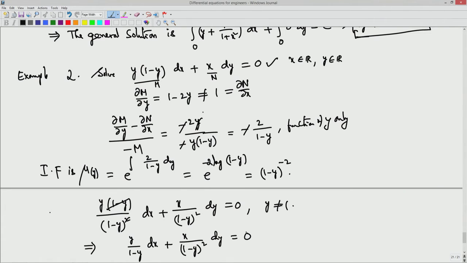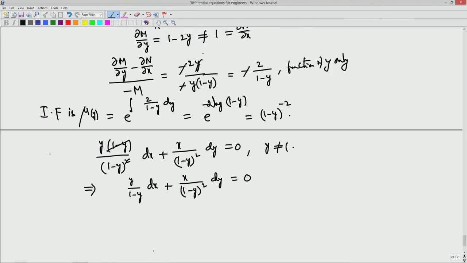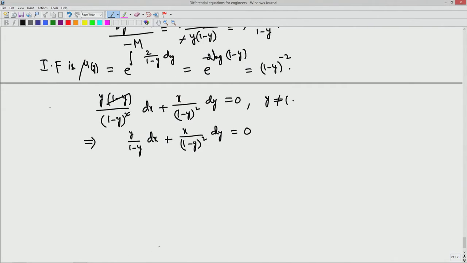So, this is now exact. Can you verify now? Dou n by dou x is this, dou n by dou y is this. You can see that this is my m, this is my n.